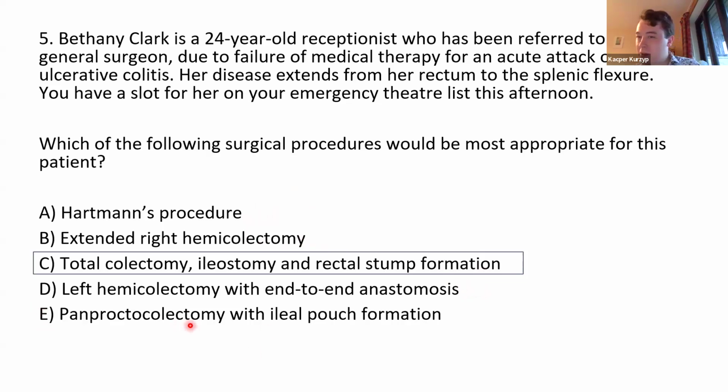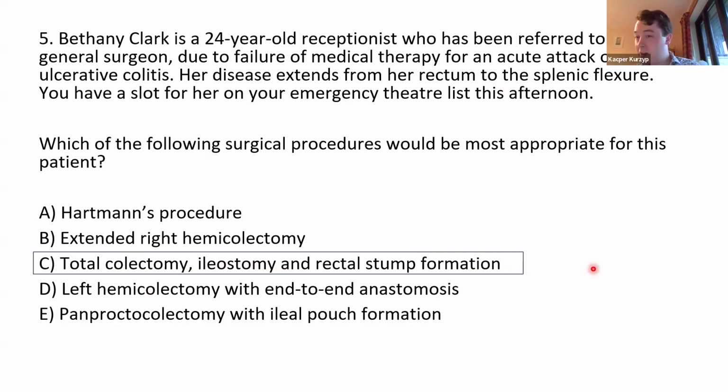Now, panproctocolectomy is something you could do in a stable patient as curative management, but this is an acutely unwell patient. And especially ileal pouch formation is not something you will do in an acutely unwell patient. So you will take out the entire colon, do an ileostomy, and do a rectal stump, which you can manage later.